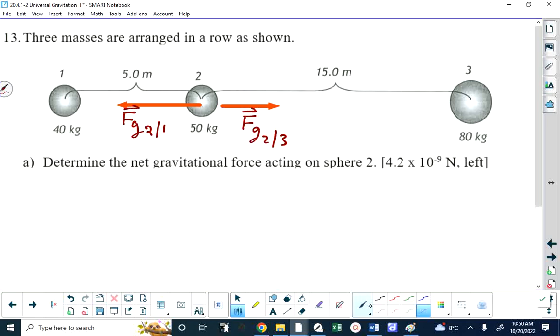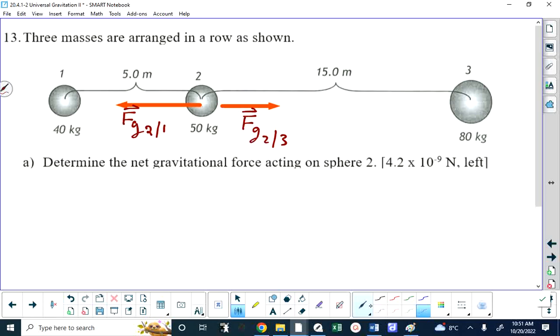And I can see that the gravitational force to the right is going to be less, looking at the distance and everything, but you would calculate those two forces. And then if you wanted to know the net force on the middle sphere, you would add those two forces, but that would involve subtracting the numbers. And I know that you should know this, but I want to repeat that and ask you to really think about it. To add these forces, you subtract their magnitudes because they're in opposite directions. You're still adding the forces. It's just that the method of doing it involves subtracting numbers.